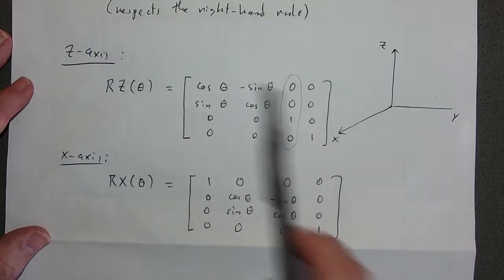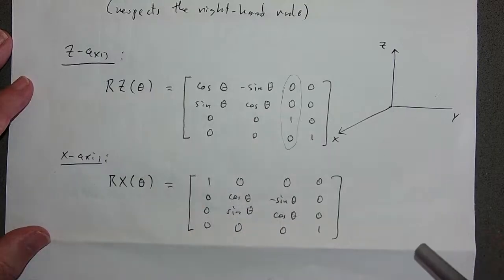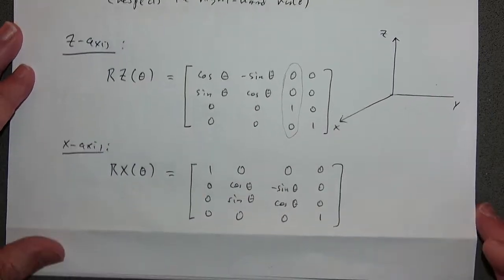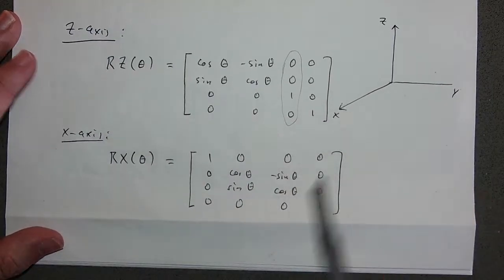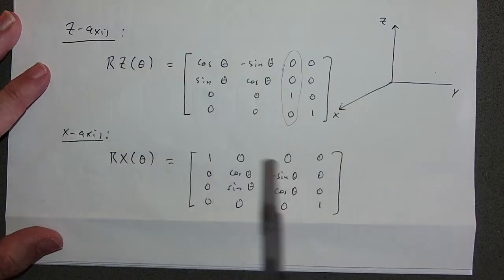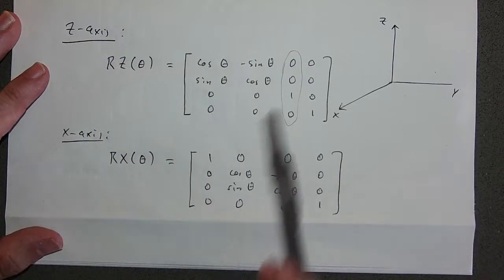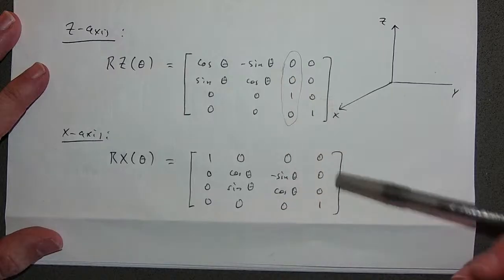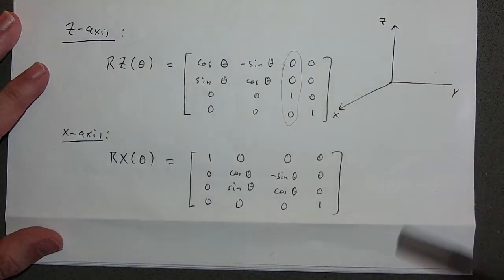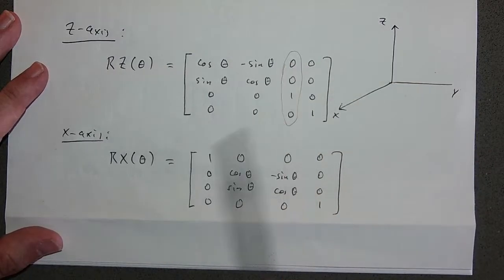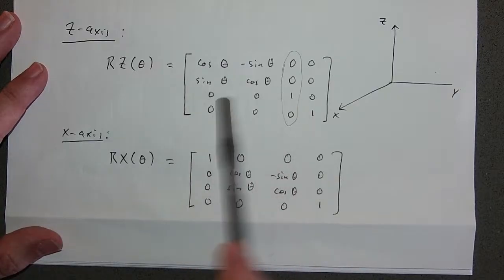So I explained that in the last video, why this matrix does the job. Rotating about the x-axis, respecting the right-hand rule here. Again, this is the matrix that gets the job done. To consider what these other columns have to be, we know what this column is, but the question is where does this column go? How do the first three columns change?